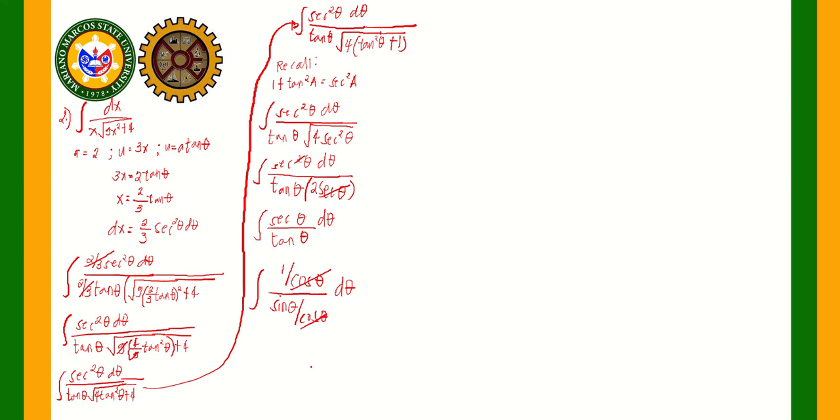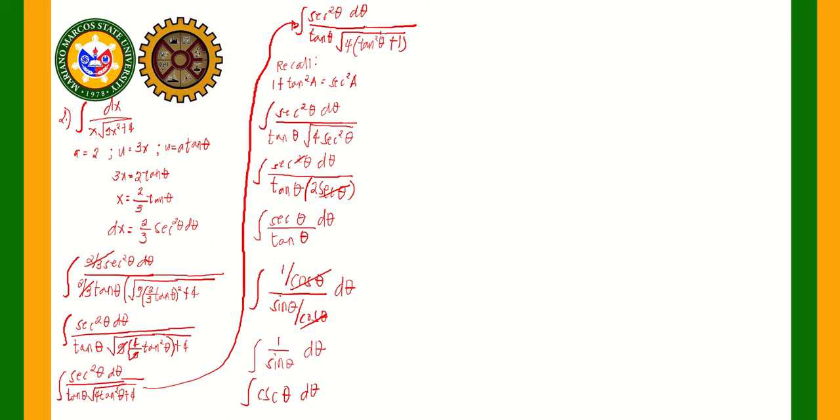Since both denominators sila. If you recall yung in, out, out natin. Okay, so we will be left with 1 over sine theta d theta. And 1 over sine theta is equal to cosecant theta. So, ito na ngayon yung i-integrate natin.